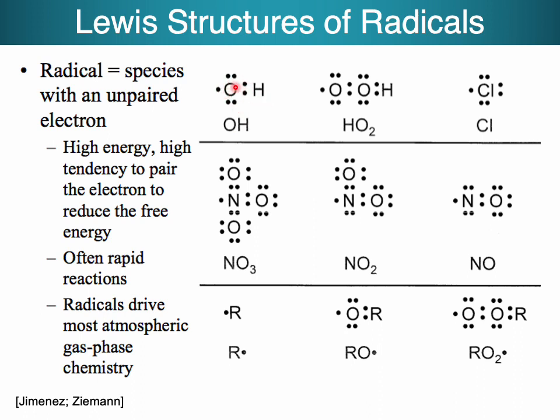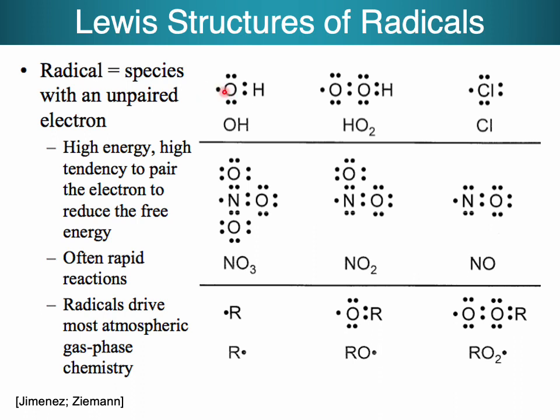Oxygen has 6 valence electrons to begin with, and hydrogen has 1 valence electron. So in total, they have 7 valence electrons, all right? But there is basically 1 electron that is alone without pairing with another electron. So we call it a radical species because electrons always like to be paired.